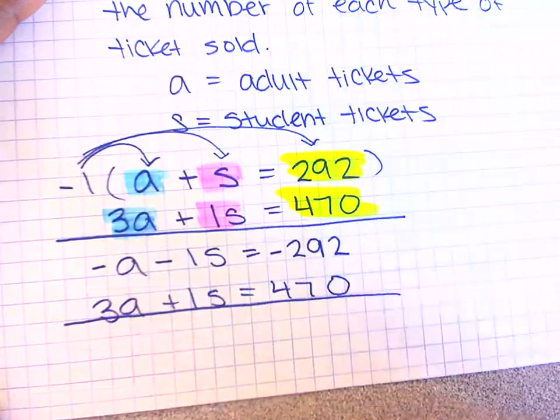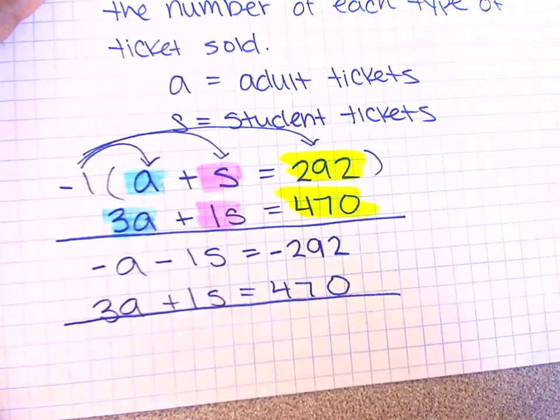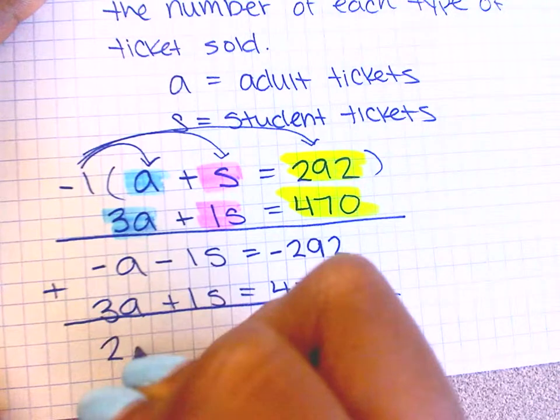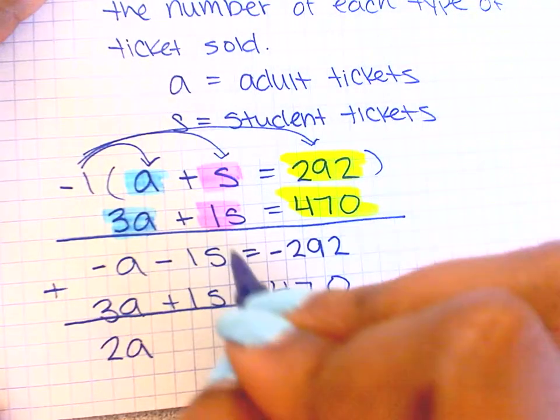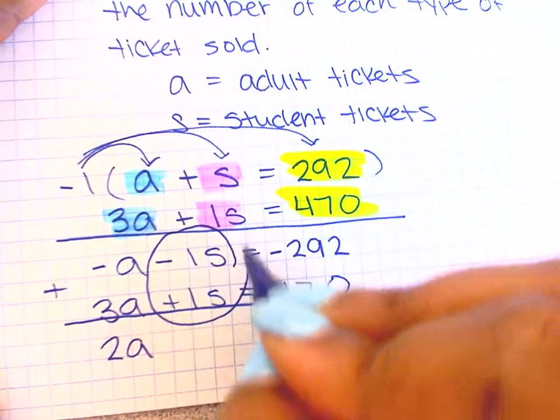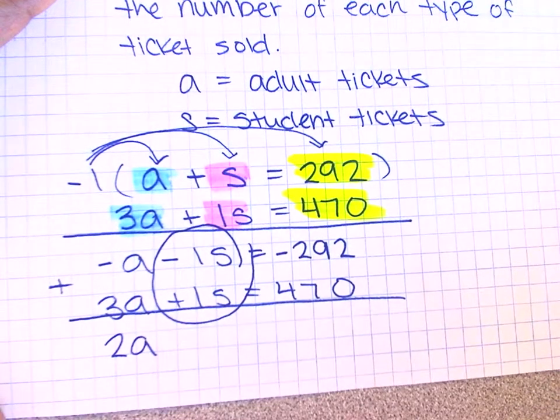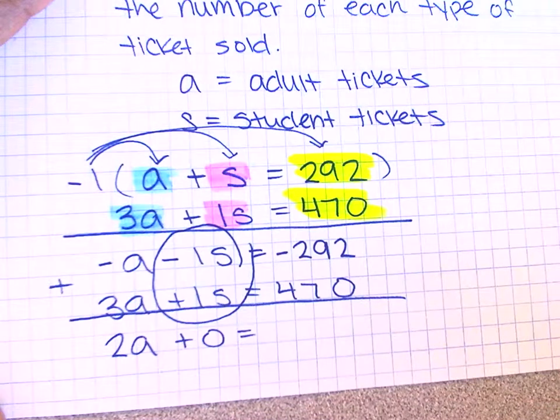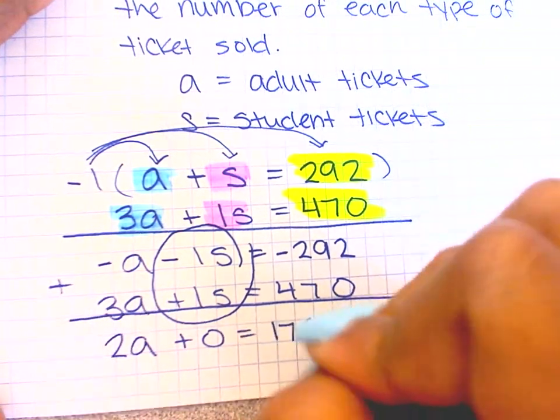So negative 1a plus 3a is what? Negative 1 plus 3 is 2. So 2a. The s terms are eliminated because I have a negative 1s and a positive 1s. So plus 0 equals negative 292 plus 470, which is 178.